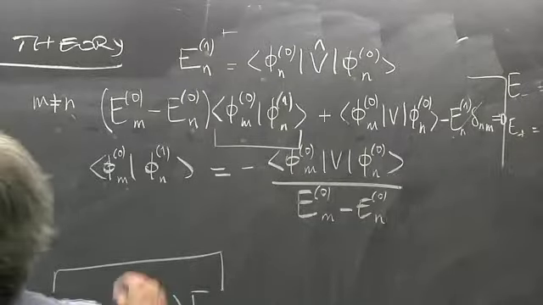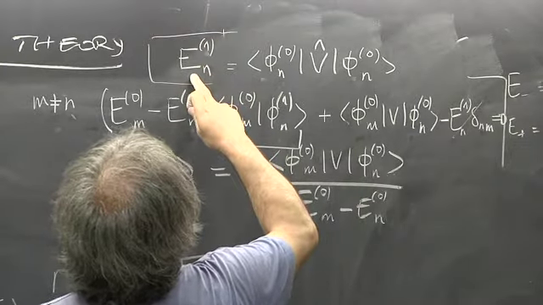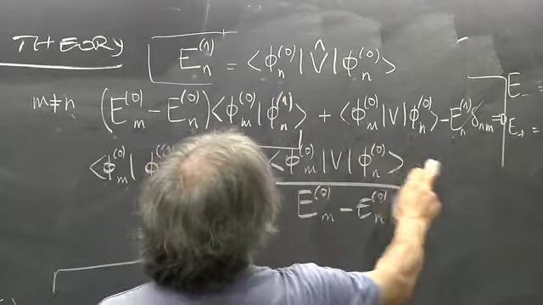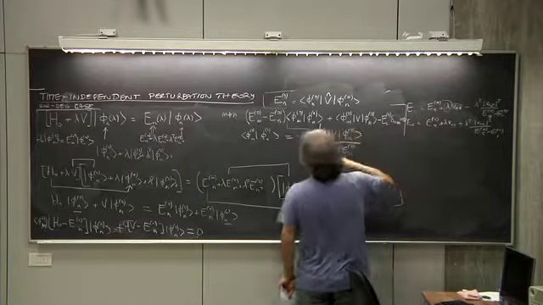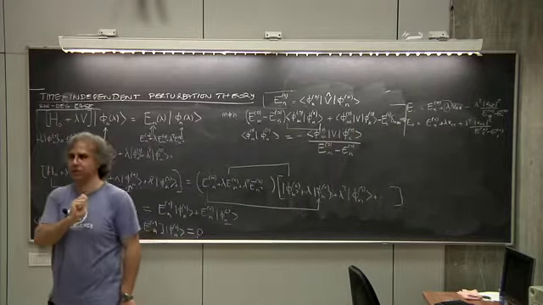So this is our first order perturbation theory result. It tells me what the new shift in energy is. It's just the diagonal element of the perturbation, as predicted here. And it adds a little bit more. It tells me also the correction to the eigenvector, okay?